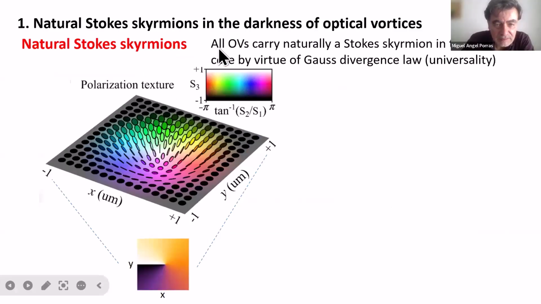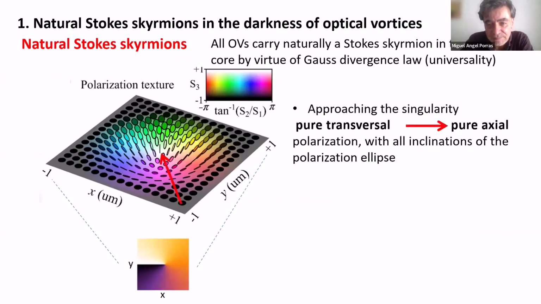In contrast, all optical vortices, as I will explain in more detail later, carry naturally a Stokes Skyrmion in their core, in the close vicinity, by virtue of the Gauss divergence law. In some sense, they are universal. We observe here that when approaching the phase singularity, we pass from pure transversal polarization to pure axial polarization, with all inclinations of the polarization ellipse along the path.